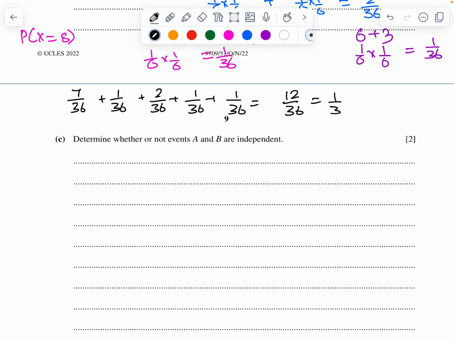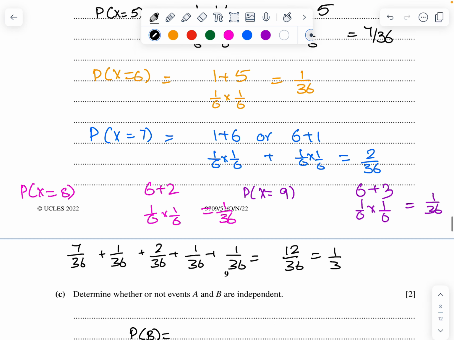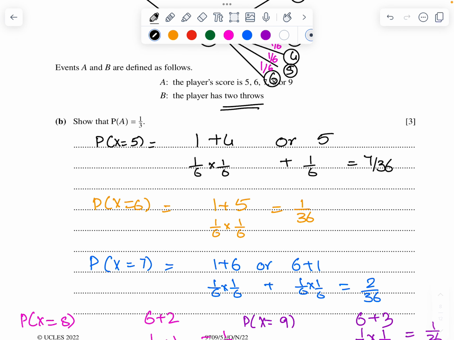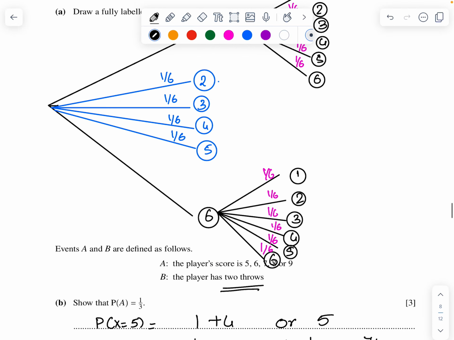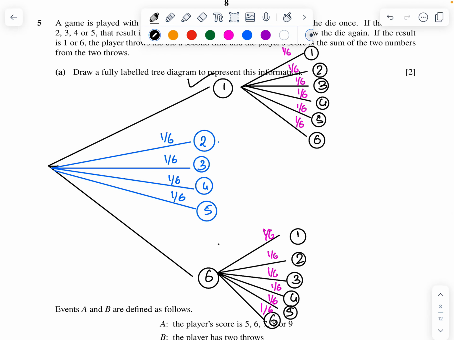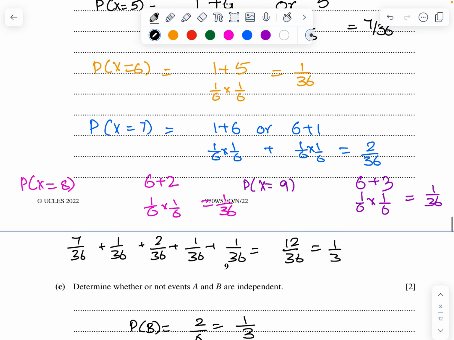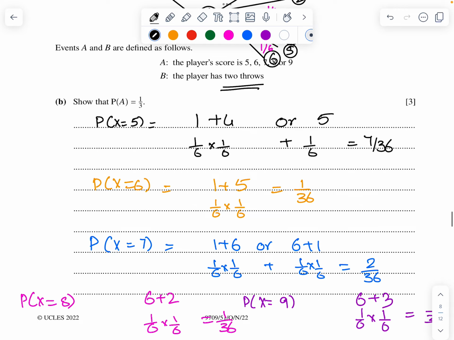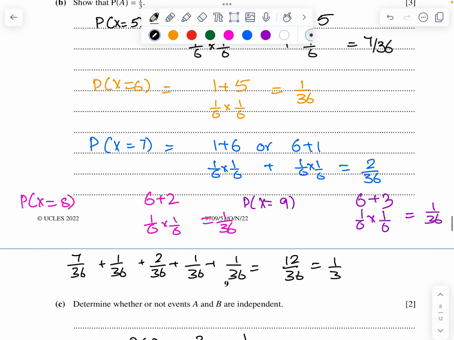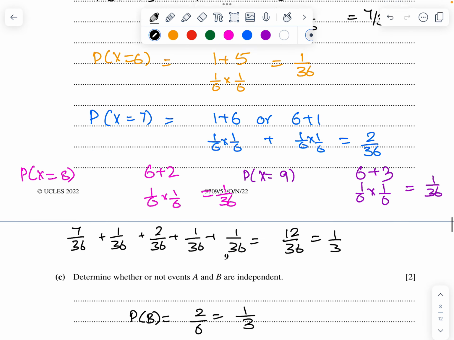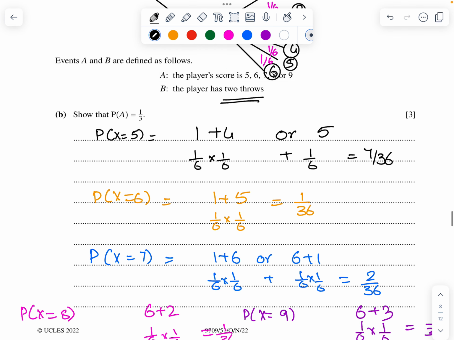Determine whether or not A and B are independent events. So we will find the probability of B also. Player has two throws means he can get either 1 or 6, which is 2 upon 6, which is 1 upon 3. Probability of A intersection B is what is common in both A and B. We get 5, 6, 7, 8, 9.